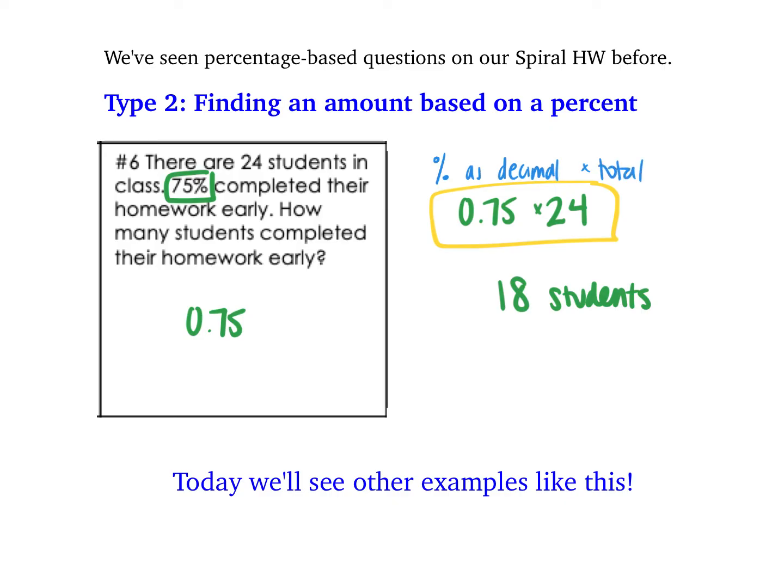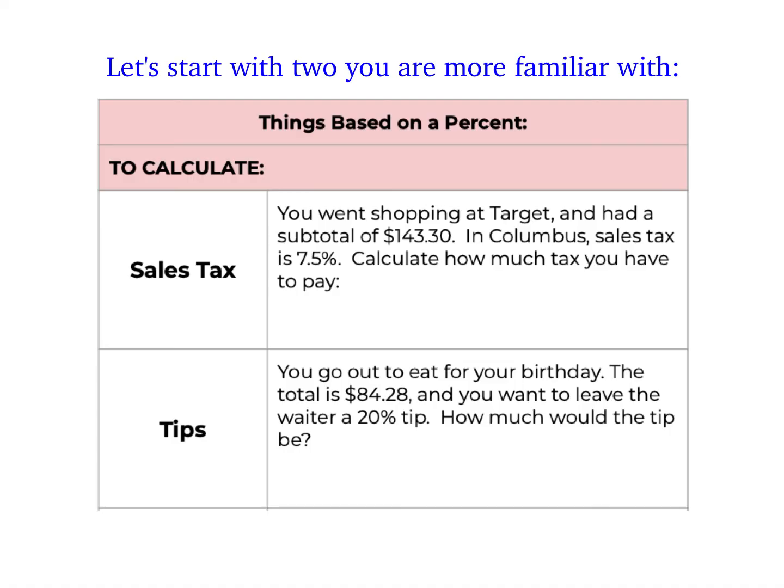This is the same math that's used for things like sales tax, tips, and discounts. So let's fill out the rest of your notes looking at these type of examples. So the main thing here that we just went over is to calculate, you take that percent as a decimal, make sure you're writing this down, and you multiply it by that total amount.